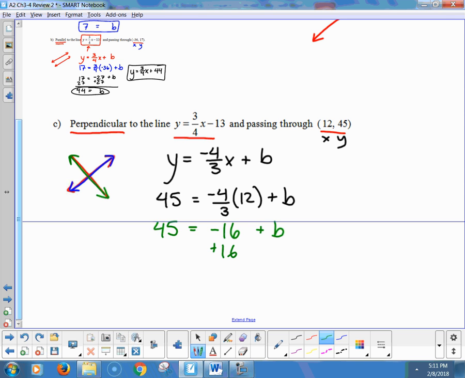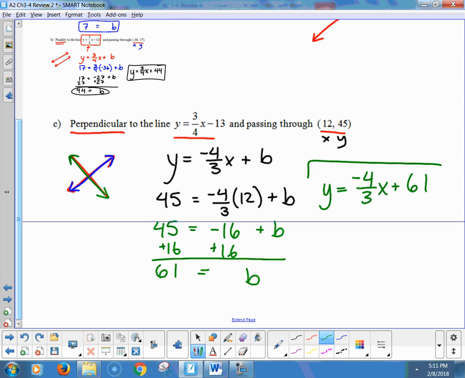We could add 16 to each side, and I get b must equal 61. So we have our equation, y equals negative 4/3 x plus 61.